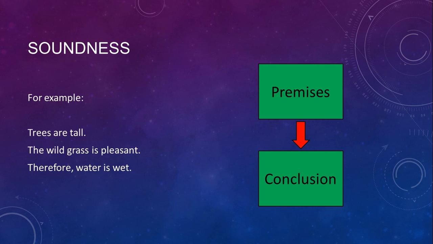Sorry, I think that was the wrong way to put that. It could be the case that the trees are tall and the wild grass is pleasant, and nonetheless be false that water is wet. Suppose it's frozen or something. Suppose all the water's frozen, none of it's wet.